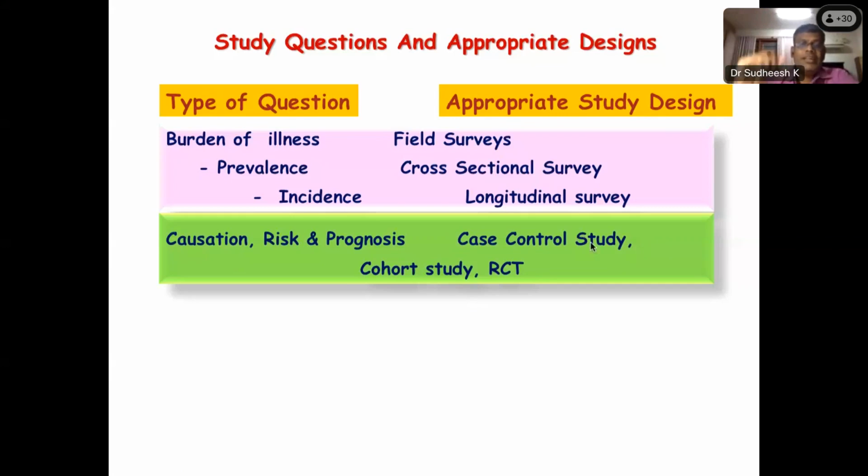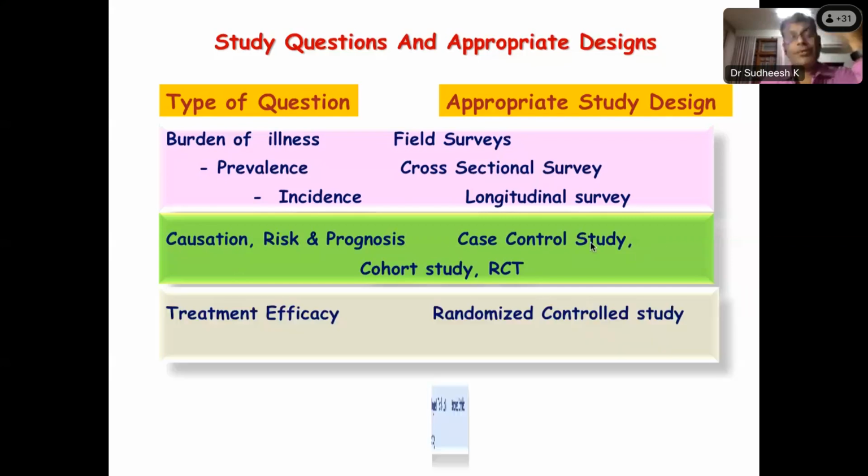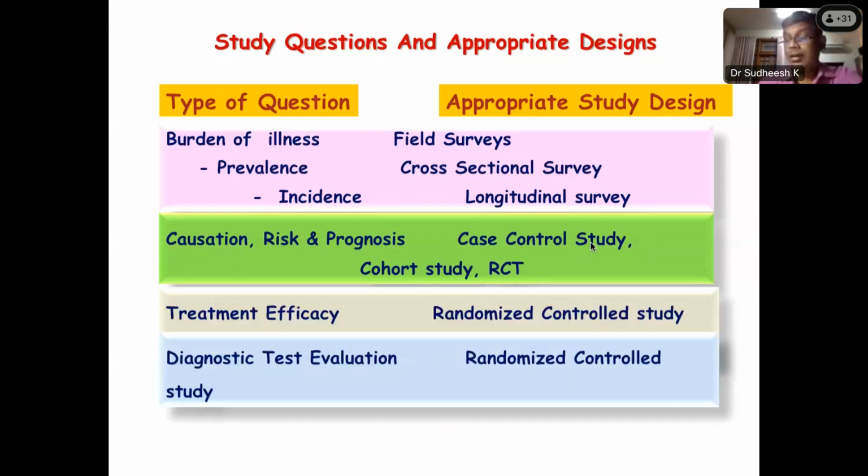And finally, treatment efficacy. This is what we are seeing most often. That is the treatment efficacy, and that is known as a randomized control study. And diagnostic test evaluation, for example, efficacy of your ultrasound airway assessment or your Mallampati, etc. If you are trying to assess the diagnostic efficacy of those various assessment parameters or lab tests or anything, it's better to go for a randomized control study.